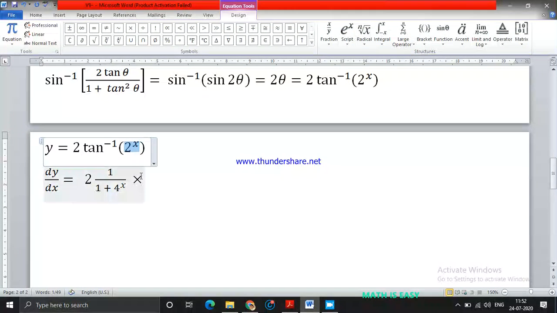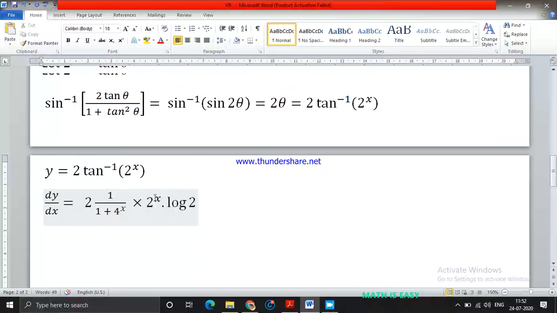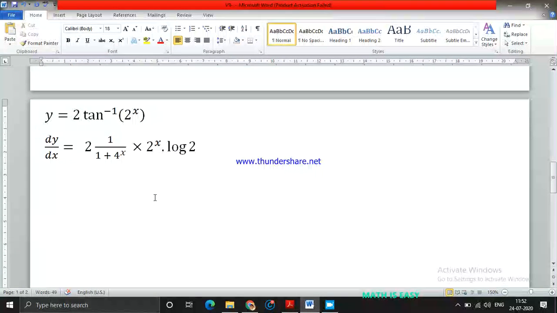The derivative of a power x is a power x log a, so the derivative of 2 power x is 2 power x into log 2. So the final answer is 2 into 2 power x upon 1 plus 4 power x into log 2. That is the answer.